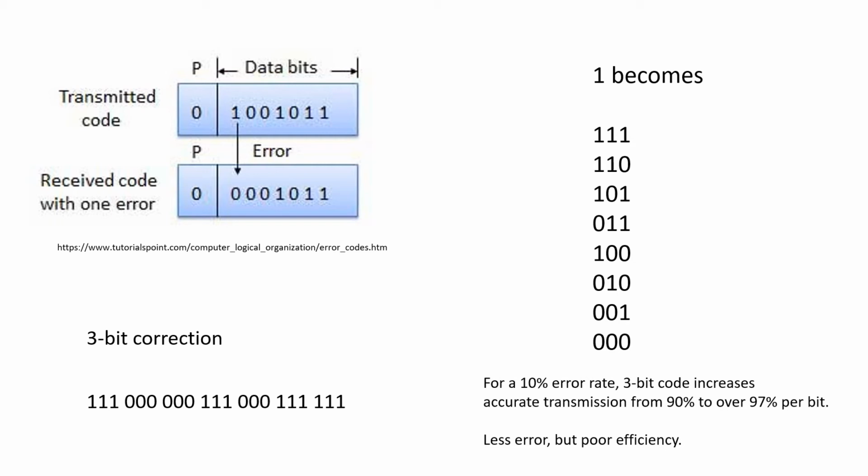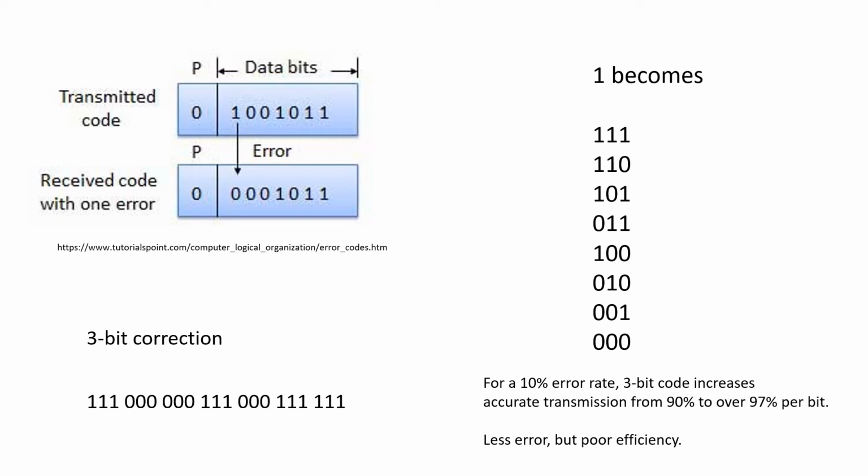Well, remember, chances are, if I want to send 111, you will get 111. How likely is it to get 100 instead? Well, it's a 0.9, 90% chance that the first one will be transmitted correctly, and then a 0.1 that the second one would become a 0, then a 0.1 that the third one would become a 0, and that works out to 0.009.